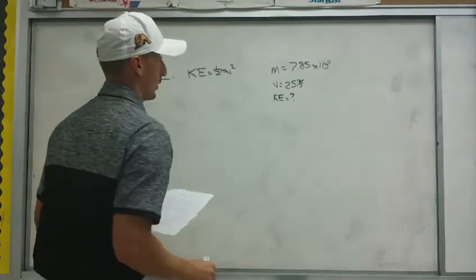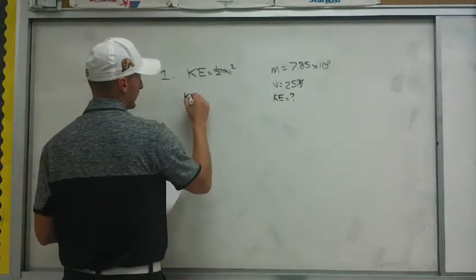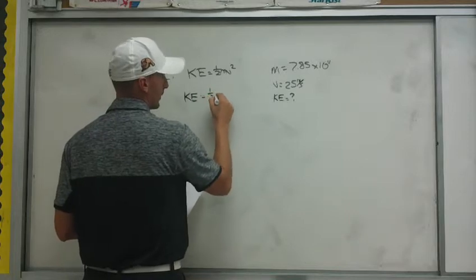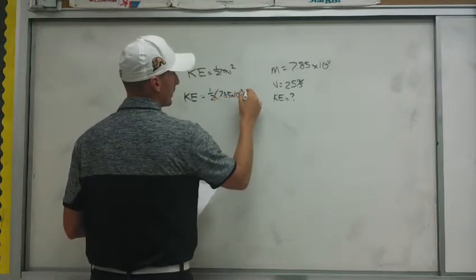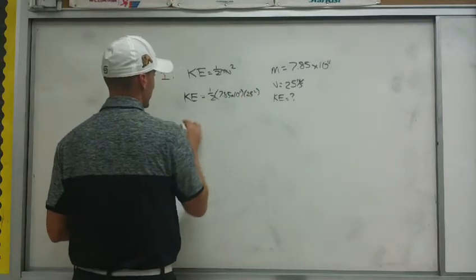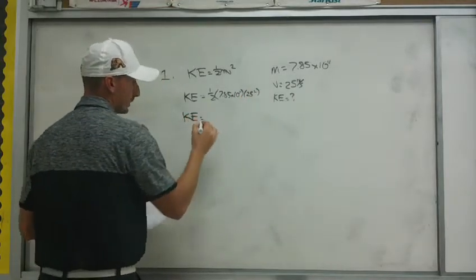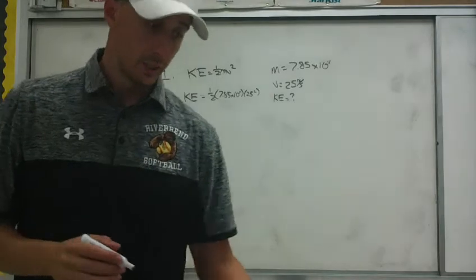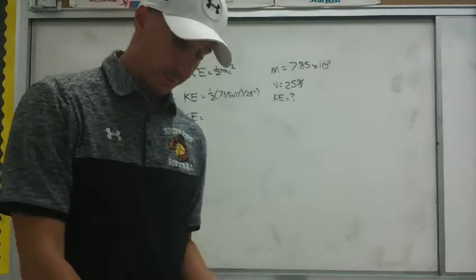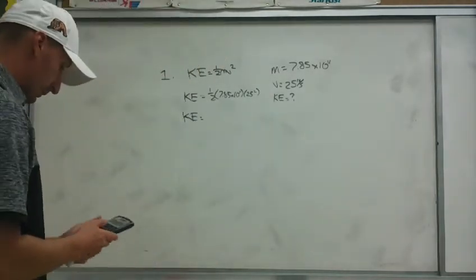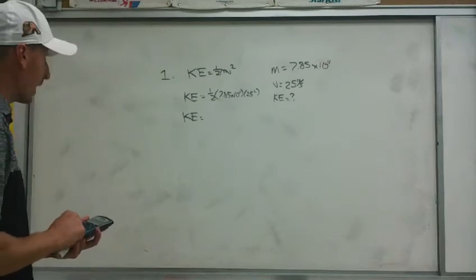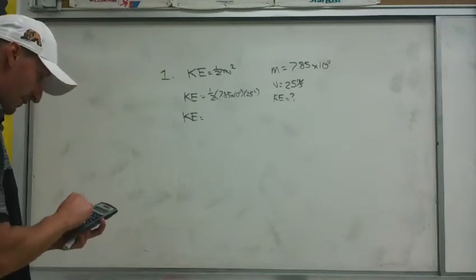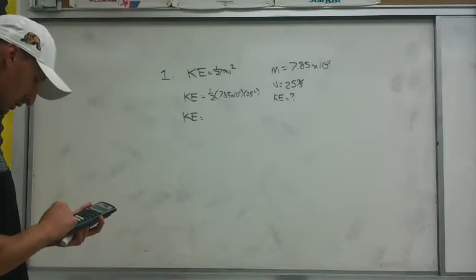All right, so all you do is plug in: KE equals 1/2 m, 7.85 times 10 to the 11th, 25 squared. So I plug it into my calculator: 25 squared times 7.85 EE 11 times 0.5.